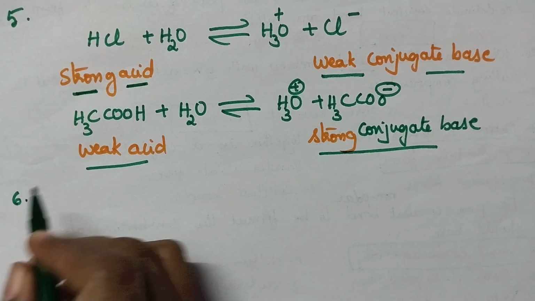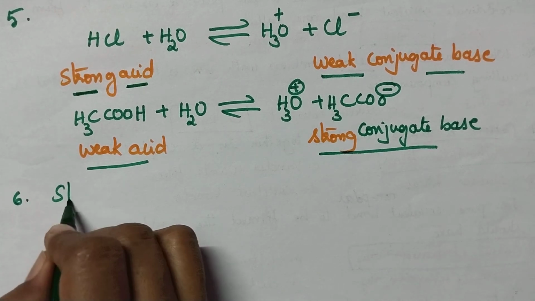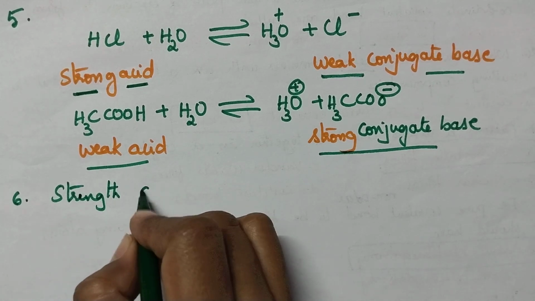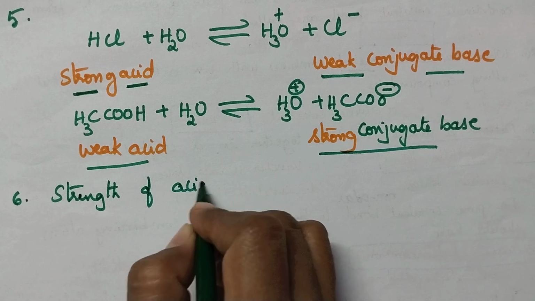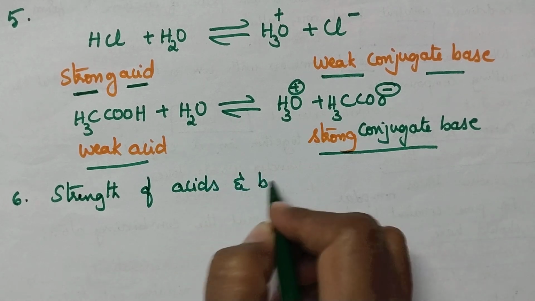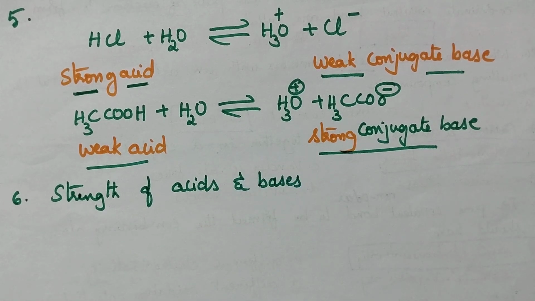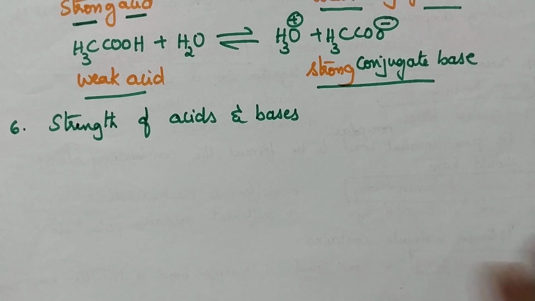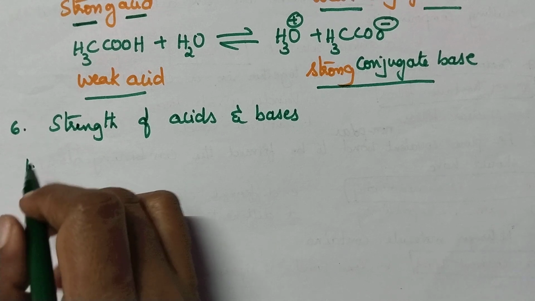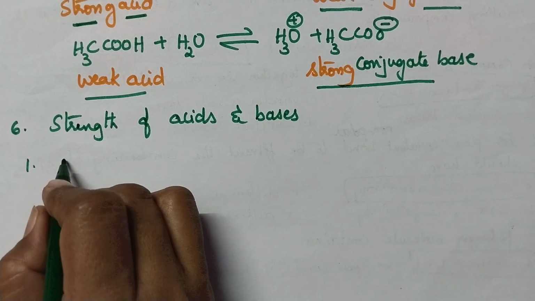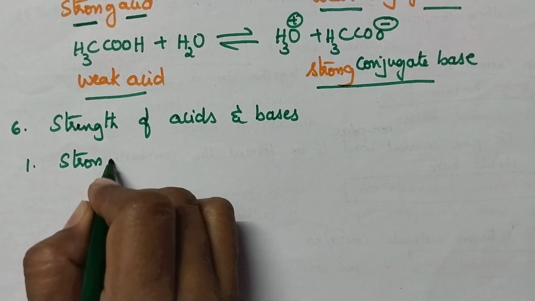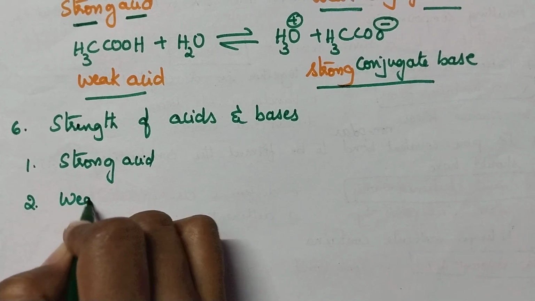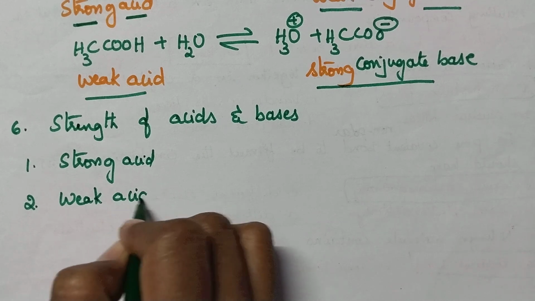Next, we will discuss the strength of acids and bases. When we consider the strength of acids and bases, all the acids can be classified into two categories: strong acids and weak acids.